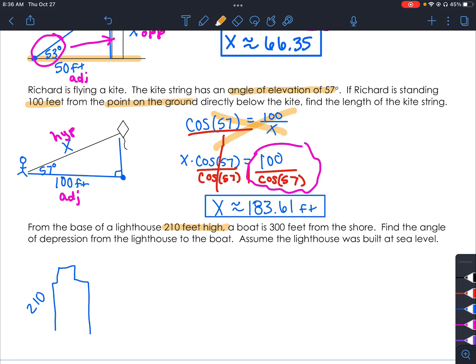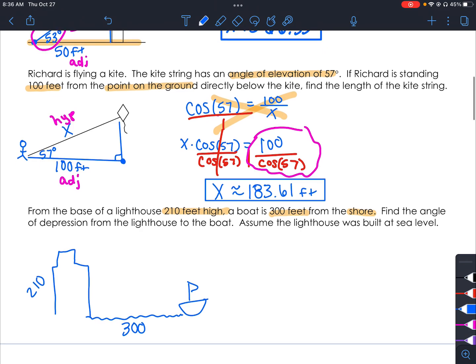A boat is 300 feet from the shore. So here's your boat. So the boat, until it reaches that shore, is 300 feet. Find the angle of depression from the lighthouse to the boat.